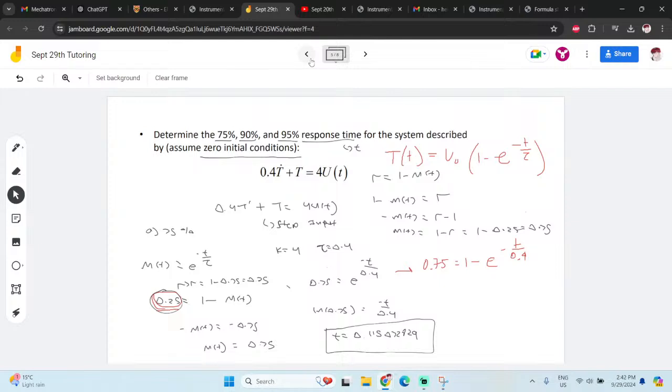Now, what is the K here? 0.4, or sorry, no, 4, just 4. I'm not saying the tau. The tau is 0.4, but the K is 4 because it's right in front of the u(t).